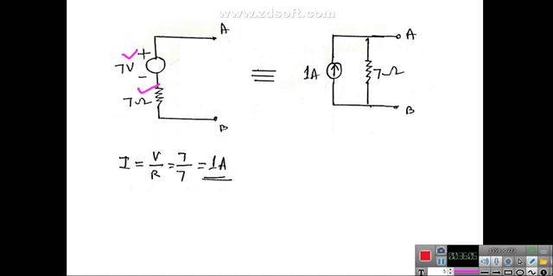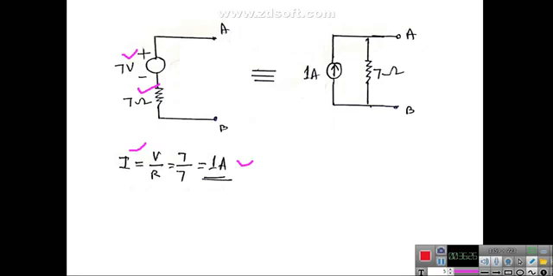So you need to convert the voltage source into a single current source in parallel with the resistance. In order to convert this voltage source into a current source, you know V and R. So I is equal to V by R, that is 1 ampere.